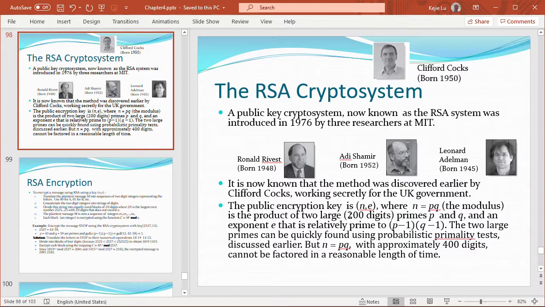Sometimes people use 4,096 bits for each of the prime integers p and q. And then we find the product n, right? So it's going to double, like from 2,000 to 8,000 bits. So that is a very large number.